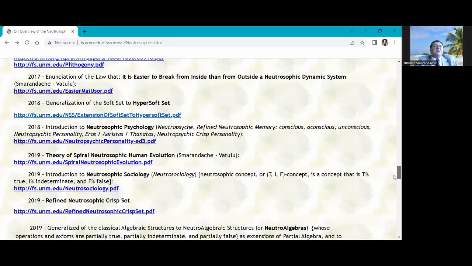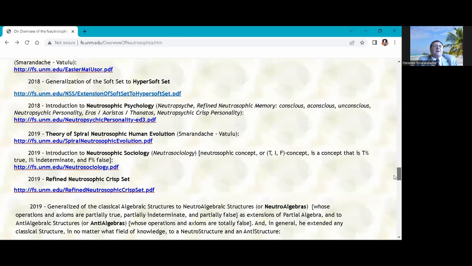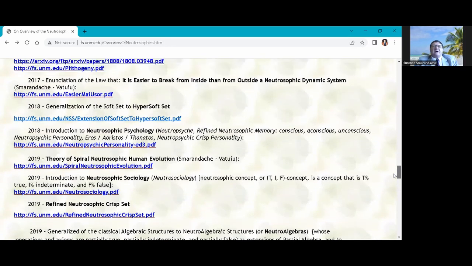Further on, combining a Neutrosophic set and soft set, I define the hyper soft set.